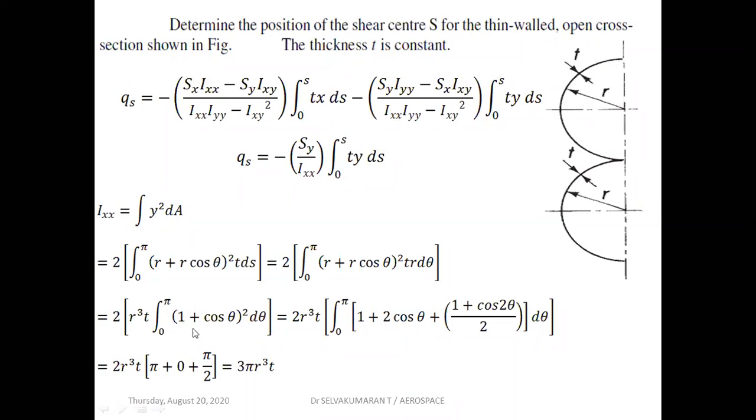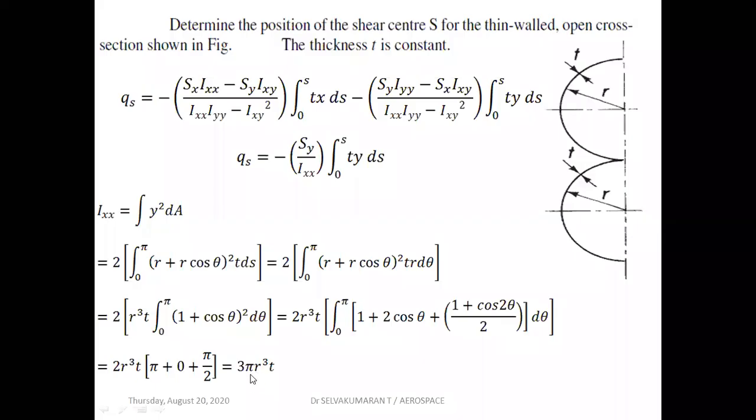Expanding this, a square plus b square plus 2ab, that is 1 plus 2 cos theta plus cos square theta. Cos square theta is nothing but 1 plus cos 2 theta divided by 2, into d theta. After integrating and applying the limits, Ixx is nothing but 3 pi r cube t.